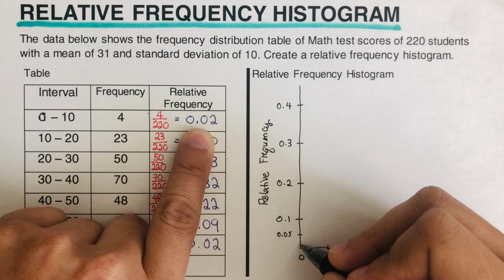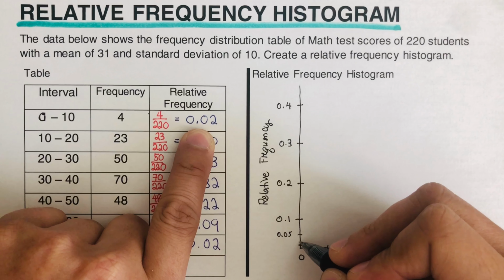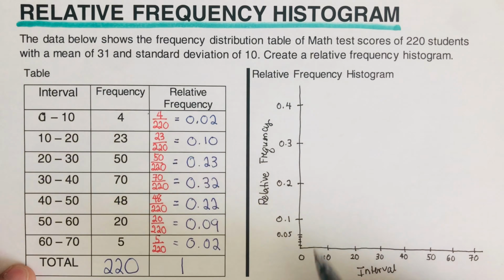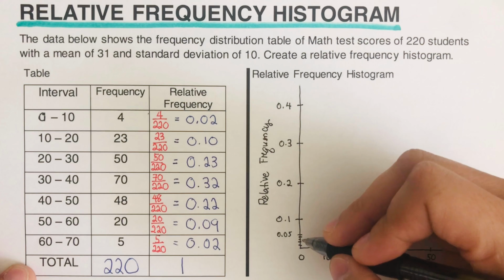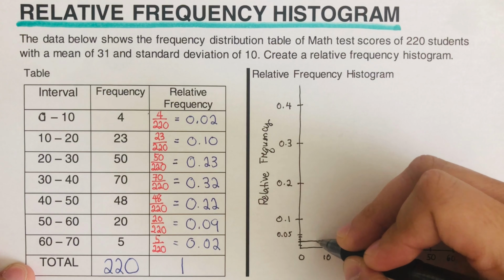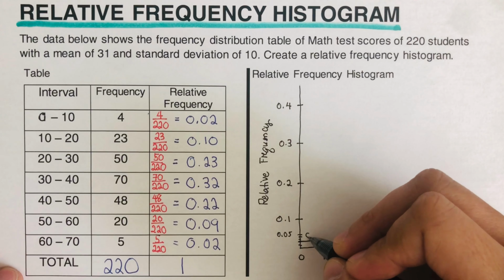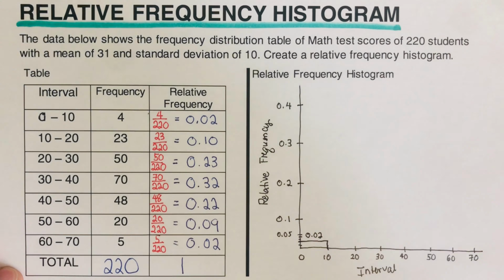So this is 0.01, 0.02, 0.03, 0.04, and 0.05. So 0.02 should be somewhere around here. So approximately right here. So I will label this as 0.02. So I'm going to color this box here.